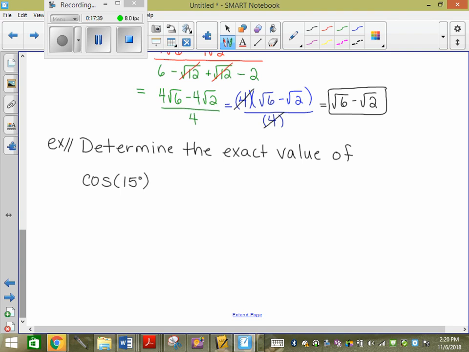Now, how could I make this harder? I could have asked it in radians, which they will. So I could have asked for cos of pi over 12. Do you have to find them any differently?